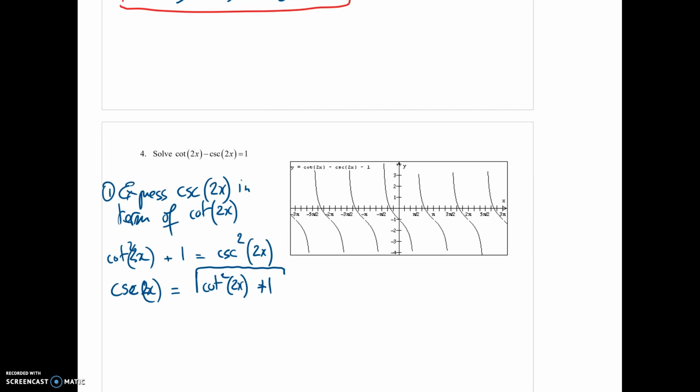You are going to substitute the cosec 2x that you just found, this expression right here, inside your equation, and then you will solve your equation. I'll let you do that, and we will work more problems in class.